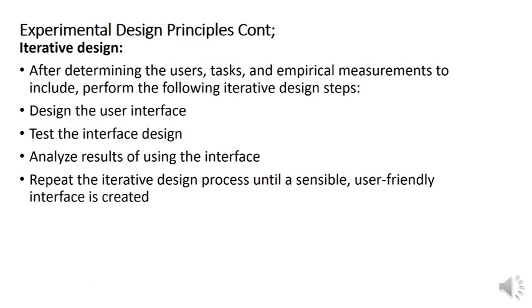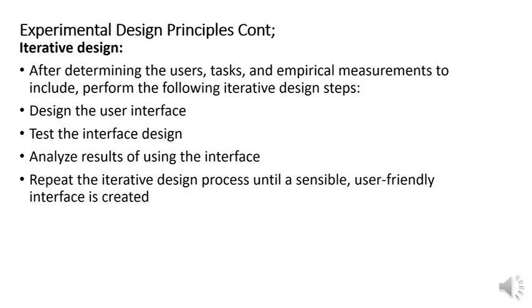Interactive design. After determining the user's task and empirical measurements, include performing the following interactive design steps. Design the user's interface. Test the interface design. Analyze the results of using the interface. Then repeat the interactive design process until a sensible, user-friendly interface is created.